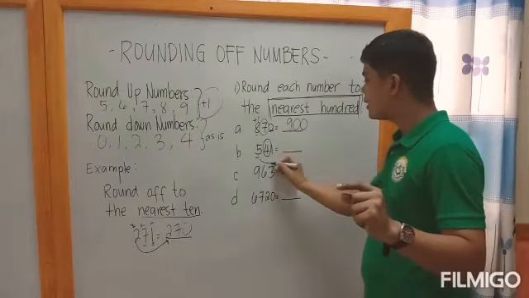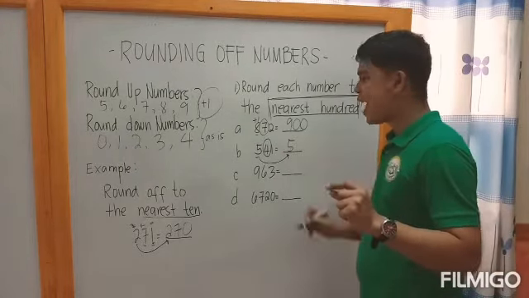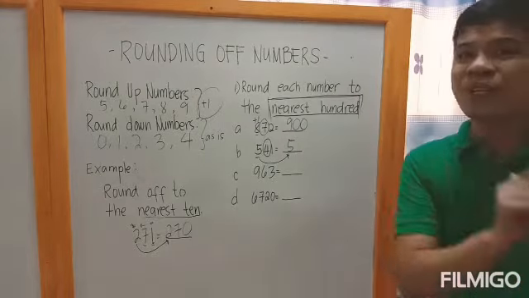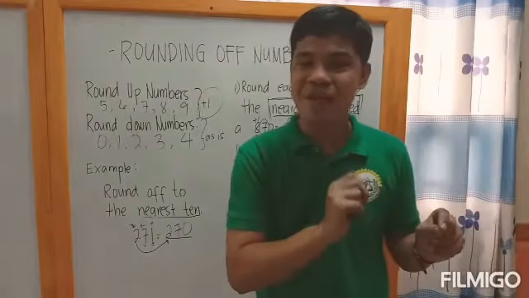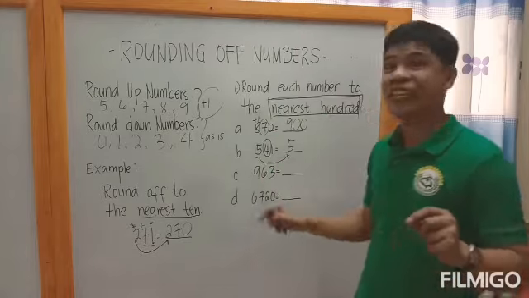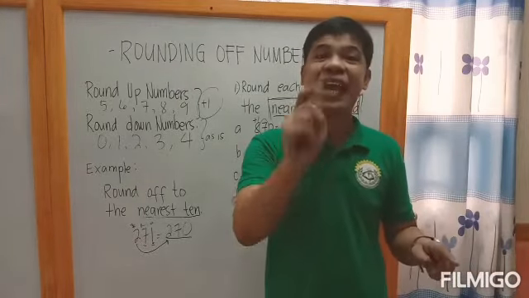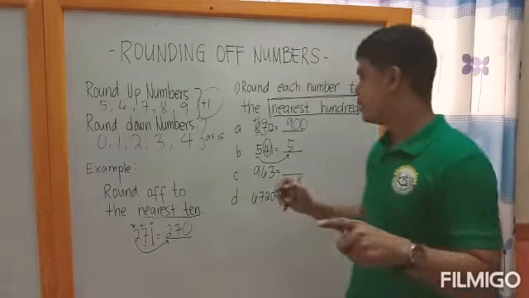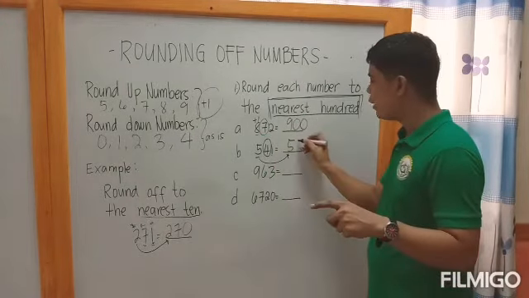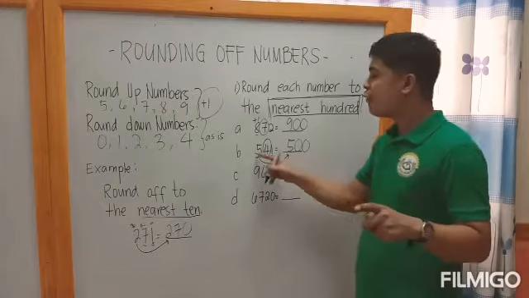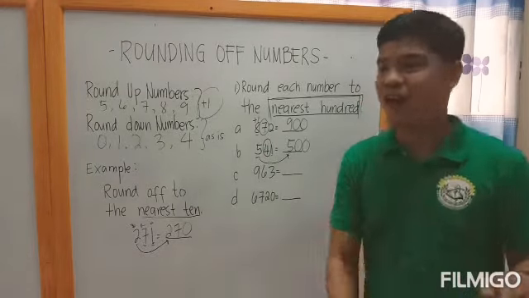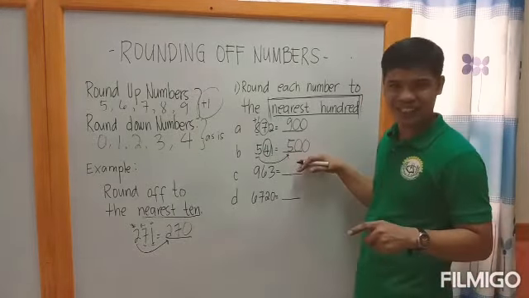So 5, just copy here 5. And next we will turn now the 2 numbers, the 4 and the 1, into zeros. And that is the rule. And do not forget that one, class. Take note always that. So 1, 2, so we'll add here 2 zeros. 541 becomes now 500. Okay?